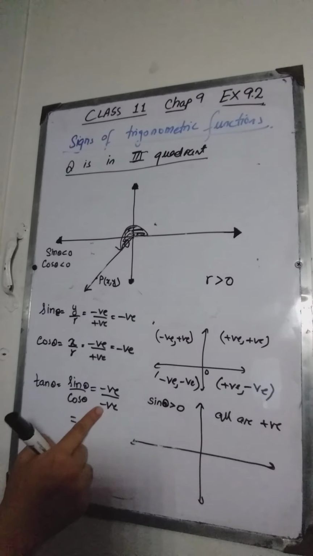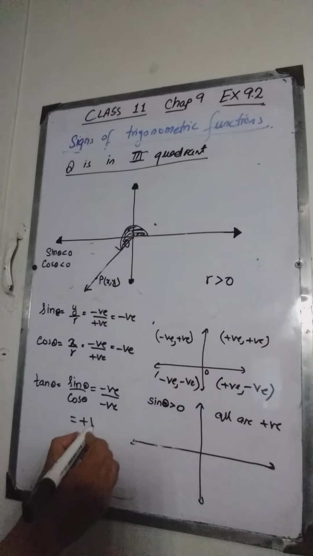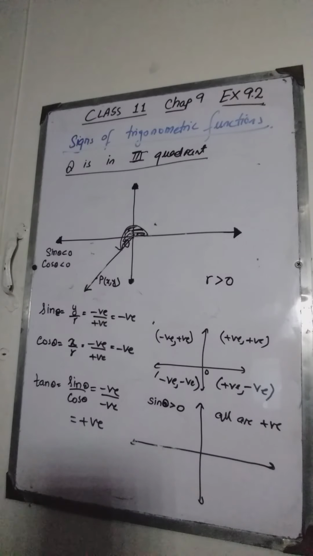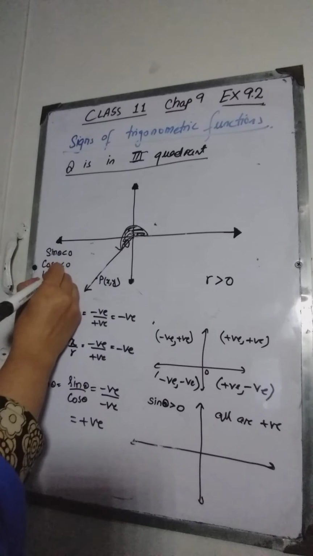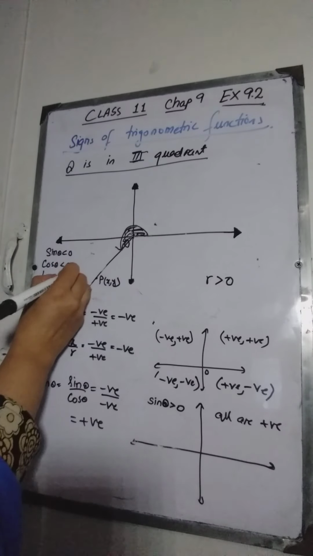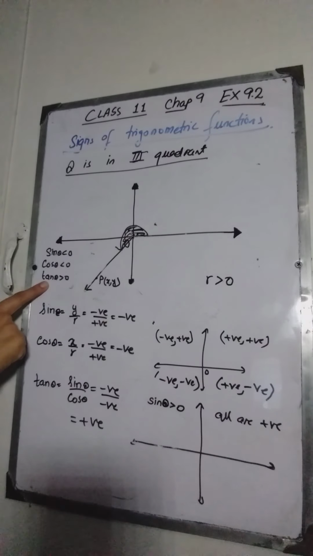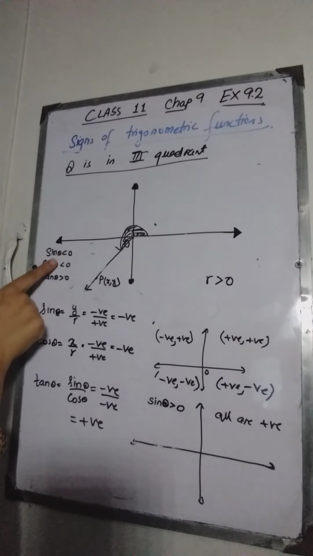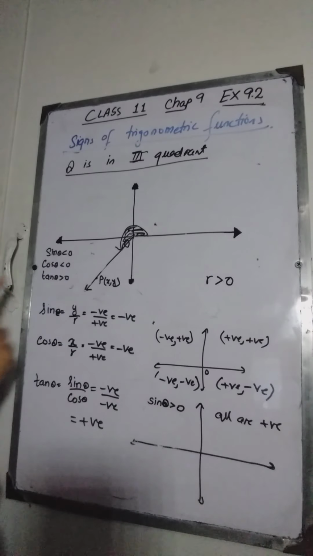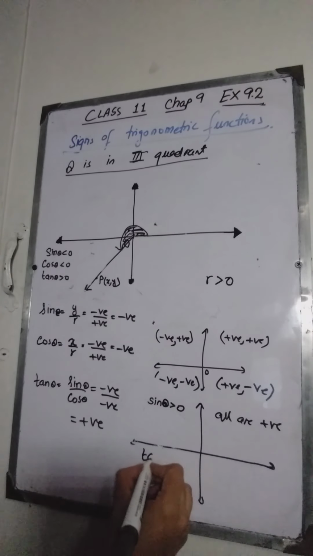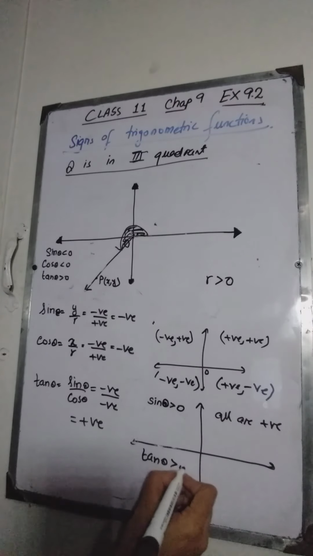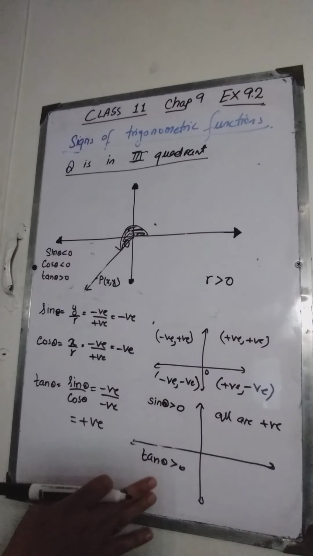We know that negative over negative makes a positive answer, so tan theta will be positive in the third quadrant. Tangent theta is greater than 0 and cotangent will also be greater than 0 because it is the co-ratio of tangent. So all others are negative except tangent.